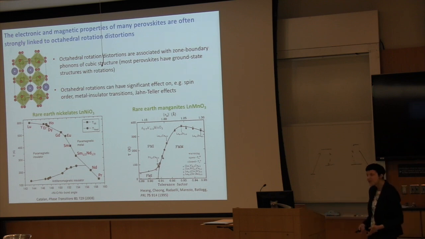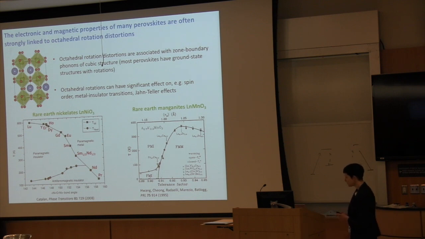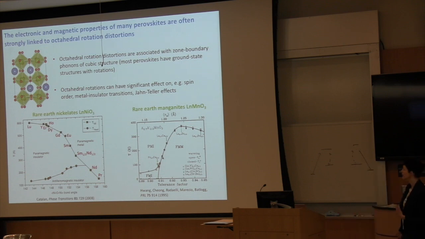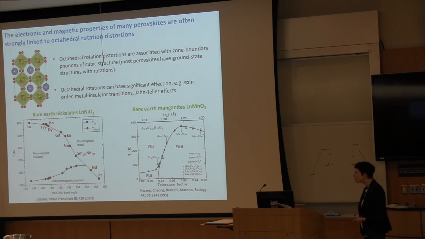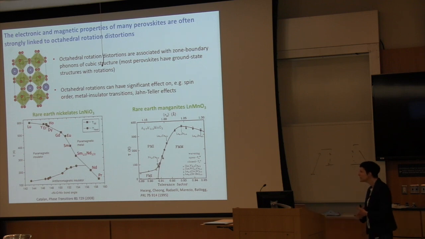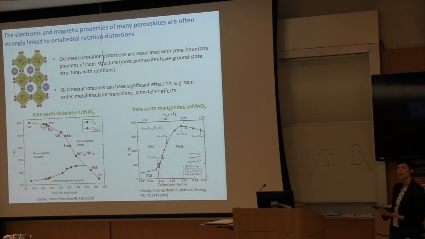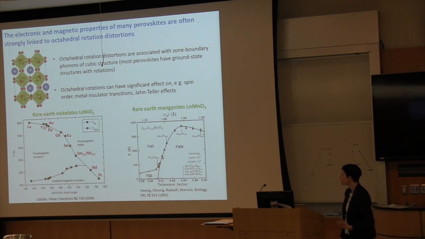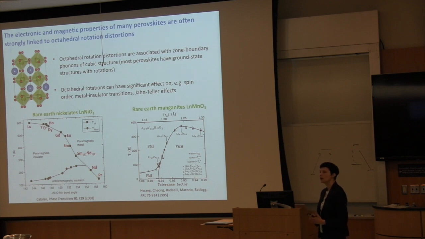The thing that I want to emphasize here is that understanding the structural basis of these properties, understanding how these properties arise from the crystal structure and how they're connected with various phonon modes, has not only advanced the fundamental physics and chemistry of this family of materials, but it's really allowed the community to make tremendous progress in manipulating these properties using, for example, epitaxial strain or chemical substitution.